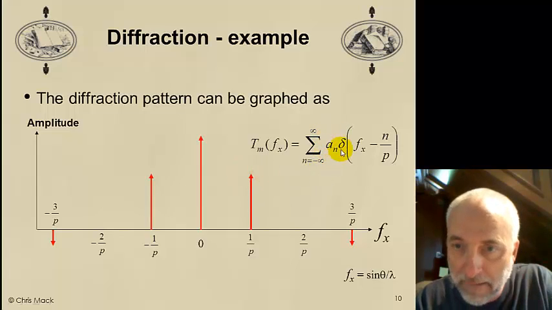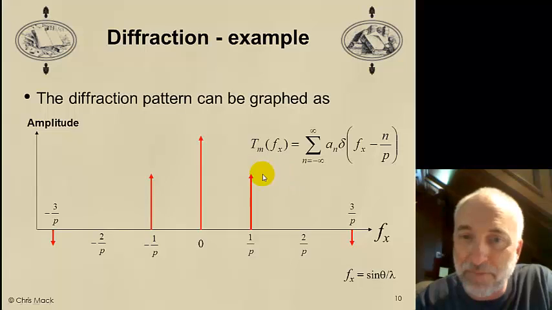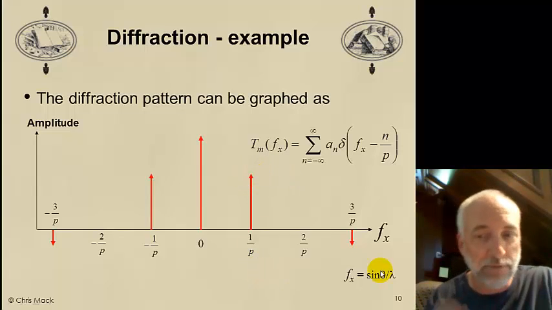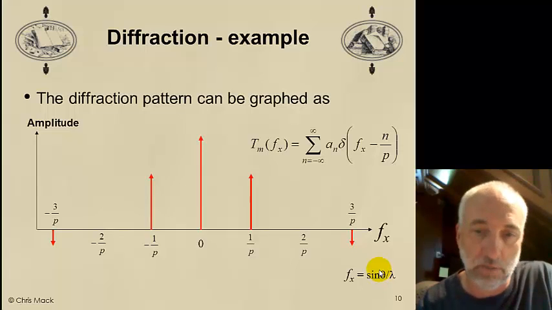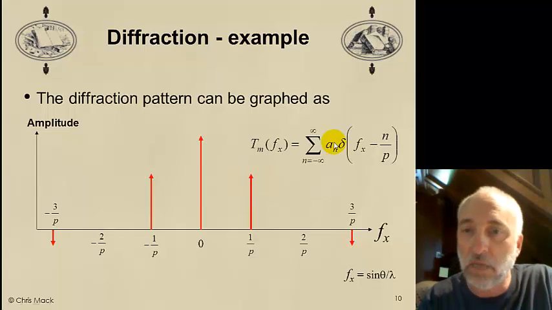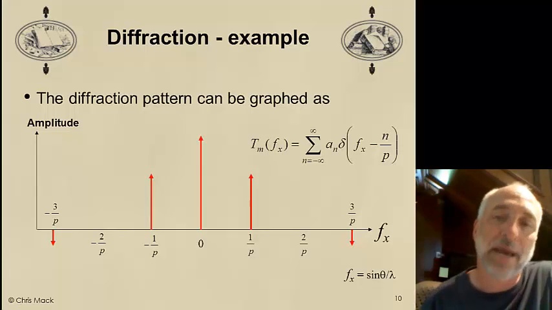Because this has unit area, the thing multiplying the delta function tells me the amplitude of the point source, the amplitude of the electric field associated with that point source. So that's what I'll do. I'll simply plot an arrow whose height is equal to the thing multiplying the delta function. So what does my diffraction pattern look like?